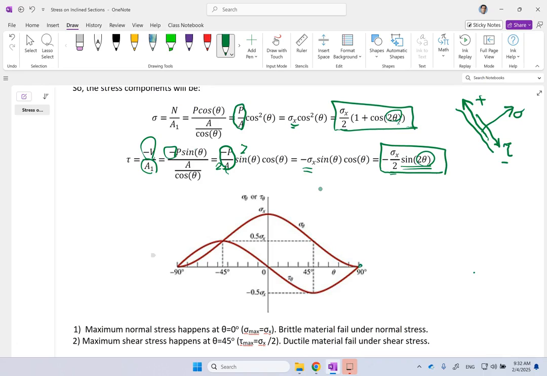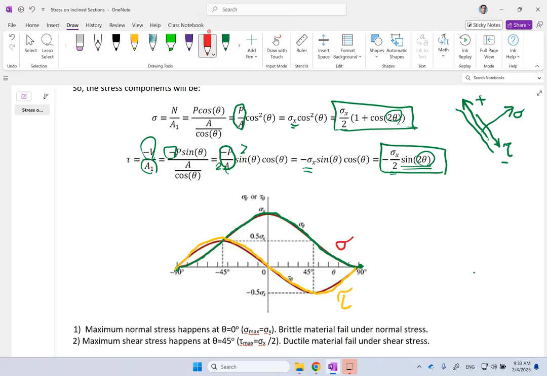So at negative and positive 90 degrees, this curve here, which is the sigma on this angled plane, goes to 0. For the shear stress, we have sine 2 theta. At 90 degrees, it's sine of 180, which is 0, and negative 90 is also 0, and at 0 it is also 0, so you get this curve here. This is your tau, and that one was your sigma. You see how they change as a function of angle.